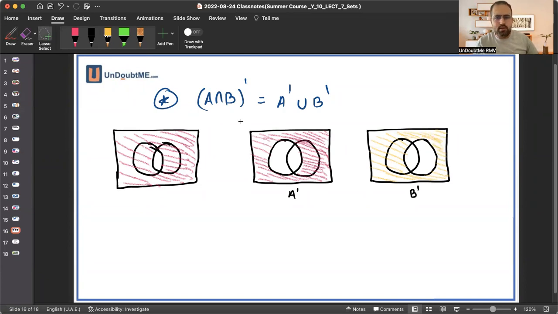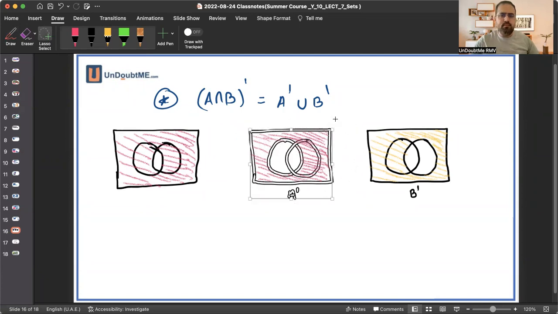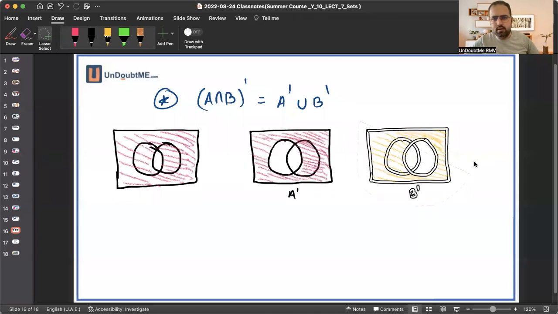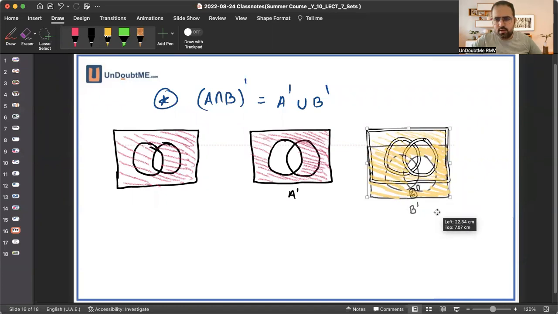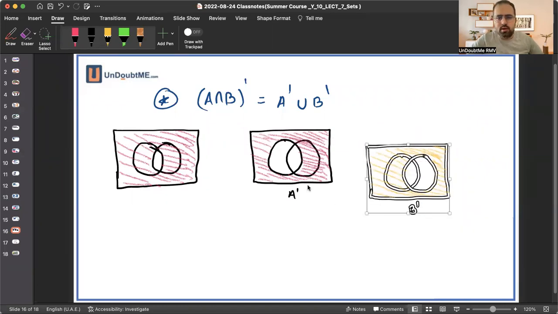Now once again, I should select them and I can group it. Is it moving together? Yeah, it's moving. Okay, great.